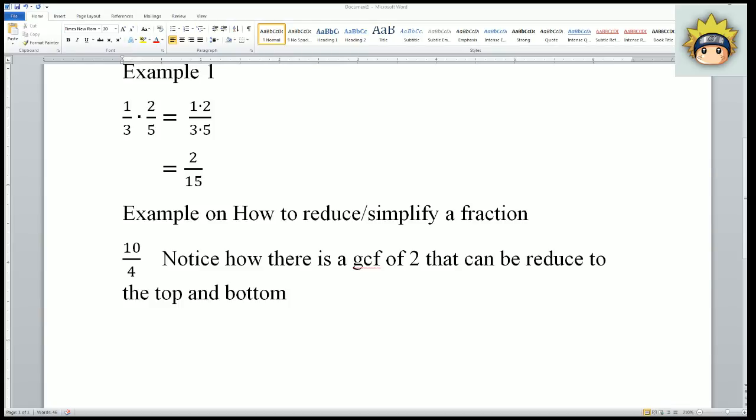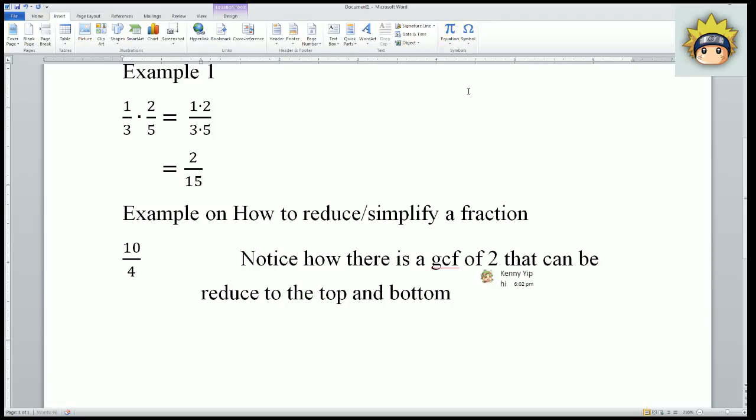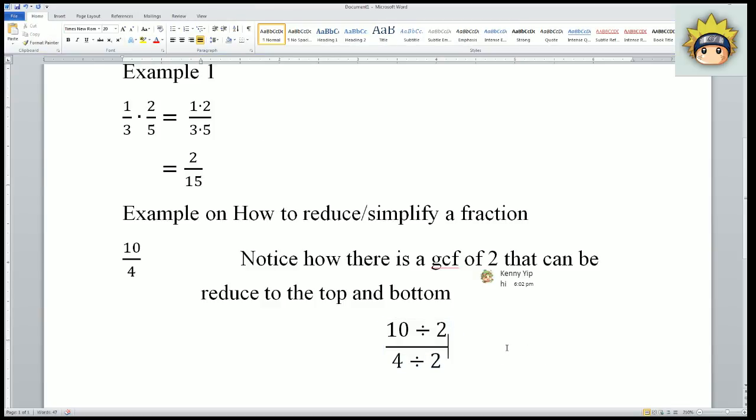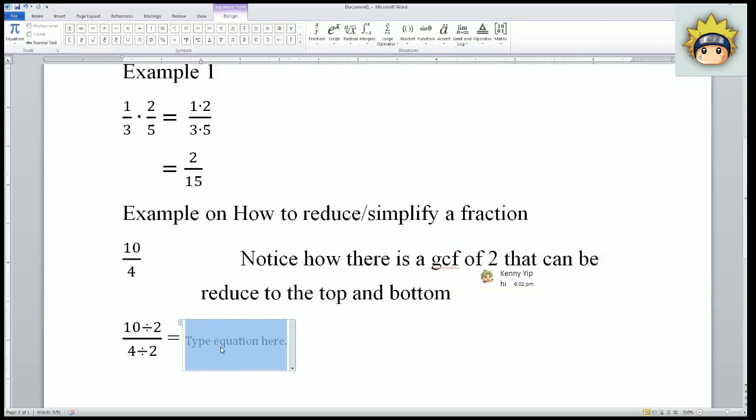So from here, you can reduce 10 divided by 4. You can pull out a 2 up here and a 2 here, which is going to be equal to 5 over 2.